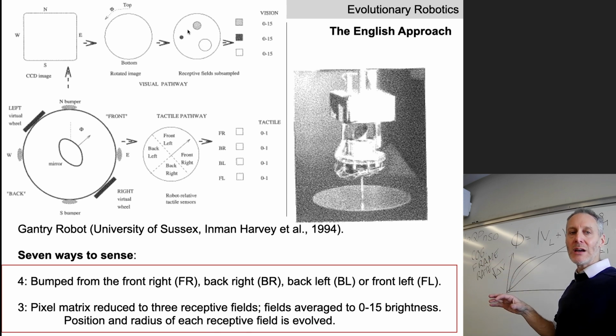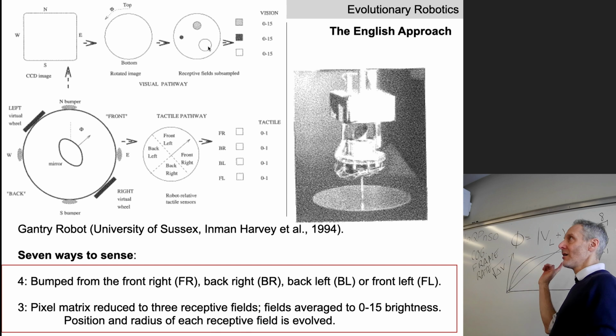So these 3 circles are basically picking up the average amount of brightness at 3 different places inside the raw video feed coming back from the camera. Again, seems like a weird, arbitrary thing to do.